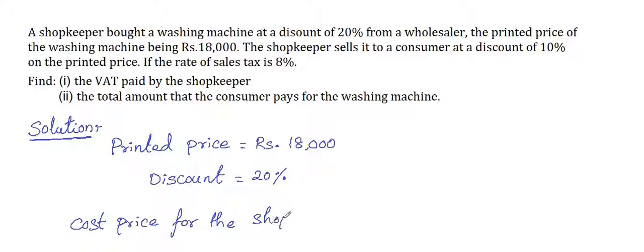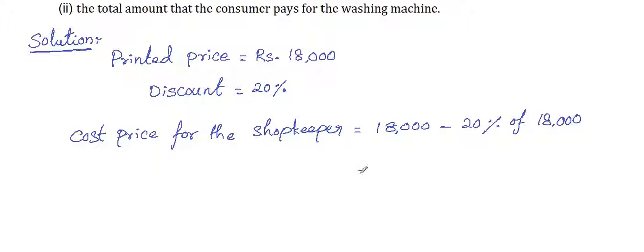So here the printed price is 18,000 and the discount is 20%. The cost price for the shopkeeper is 18,000 minus 20% discount of 18,000.